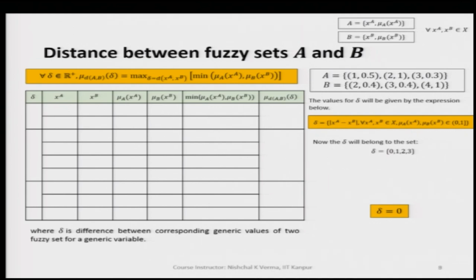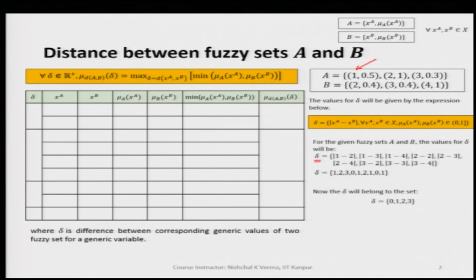So, in a way, what we are doing here is finding the difference in the corresponding generic variable values, which are termed as the values of delta. Once again I would like to mention that all the delta values will be positive values, because we are going to compute the distance. So, let us first start from 0 as the difference.